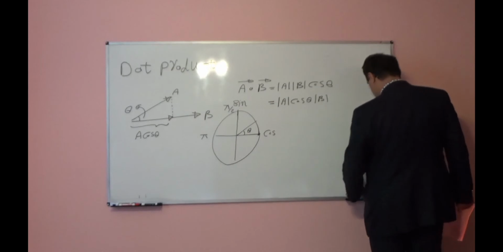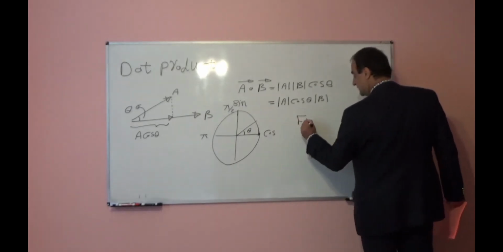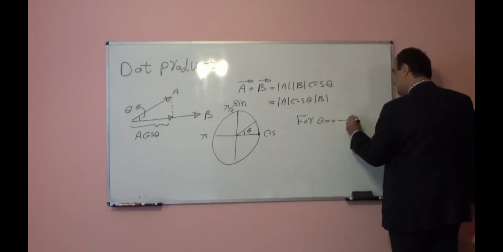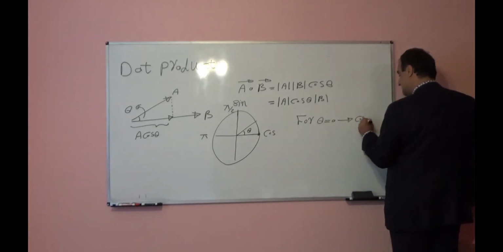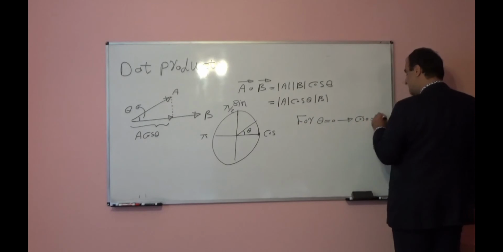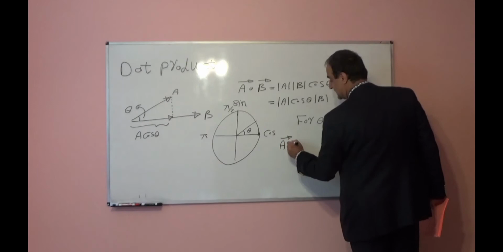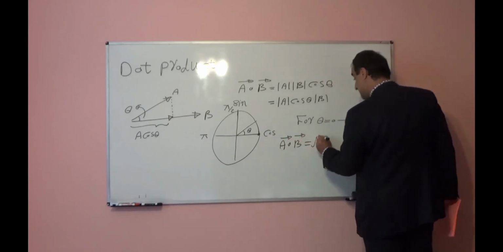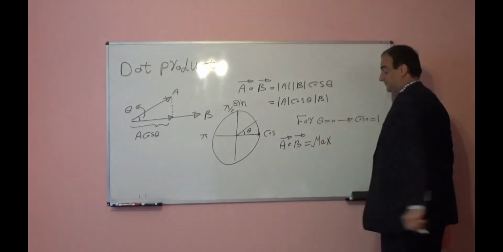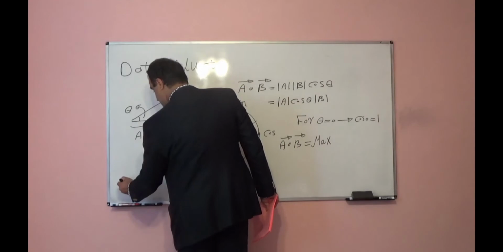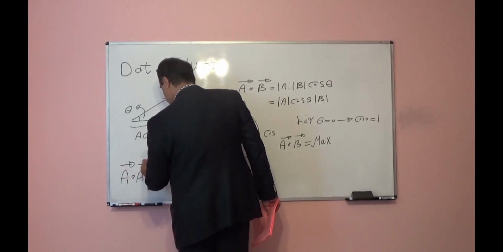For theta equal to 0, we know cosine 0 will be equal to 1. So A dot B becomes maximum.